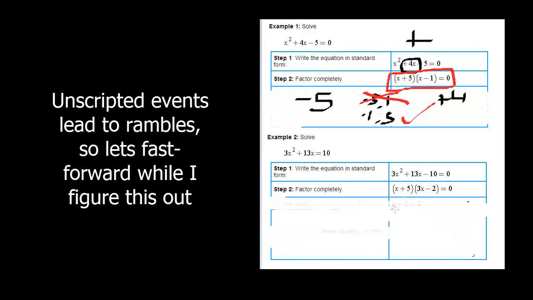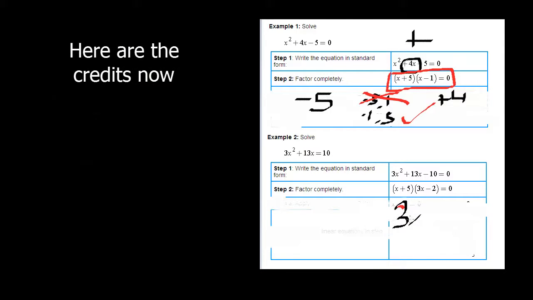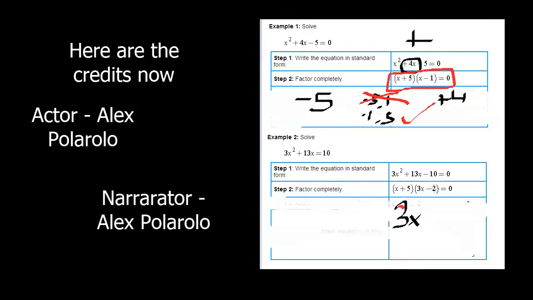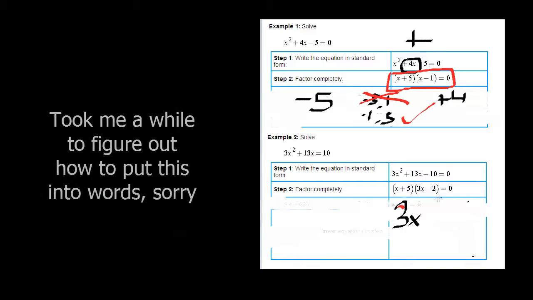So 3x squared plus 13x minus 10. So now, 3x times minus 10 is negative 30. Okay? So, change pen color. So we know that's negative 30, and we know the factors are 15 and negative 2. Yeah, right. 3x times, one second here, need to think.